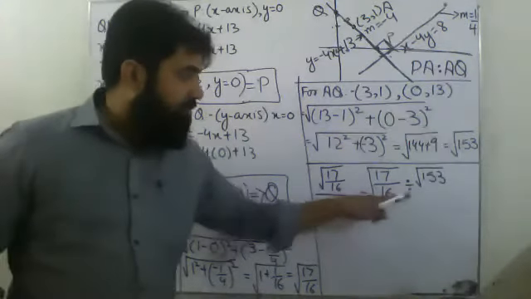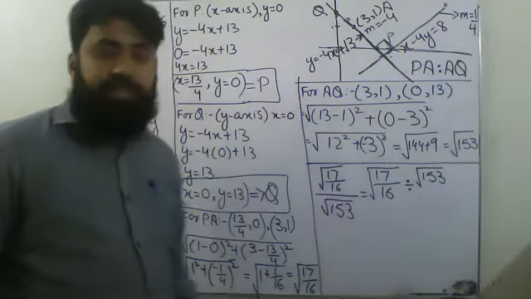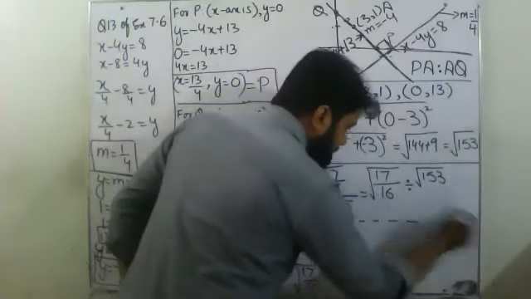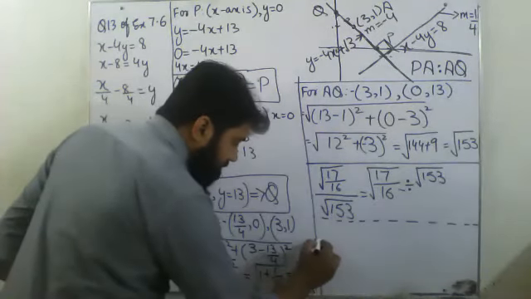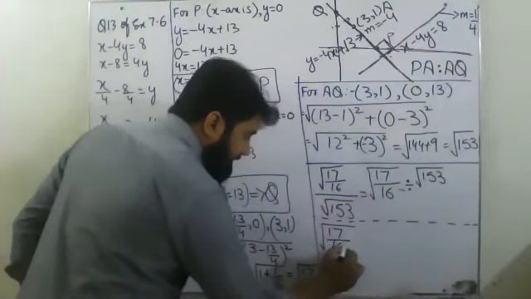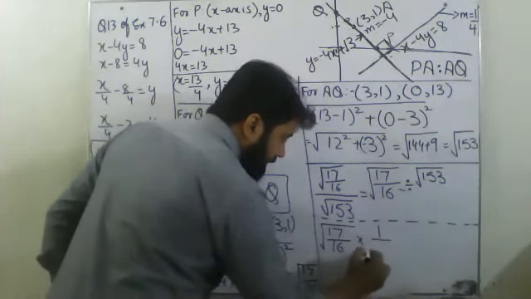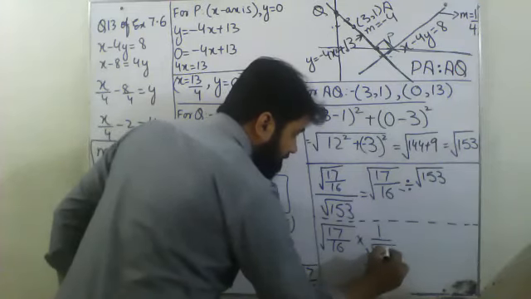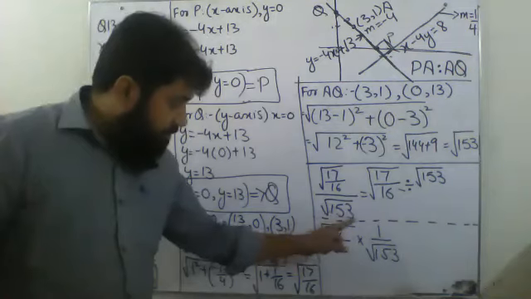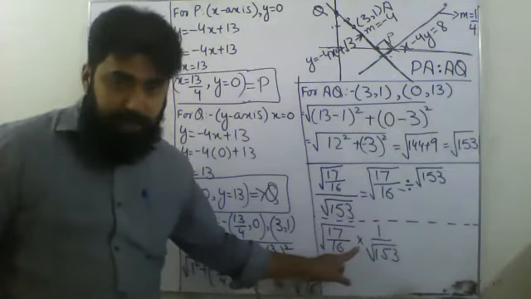Instead of writing in ratio form, I've written it in this way. So when the divide sign is changed into multiply, this will become under root 17 over 16 multiplied by 1 over under root 153. Now this is in root, this is in root, and in between I have a multiply sign.